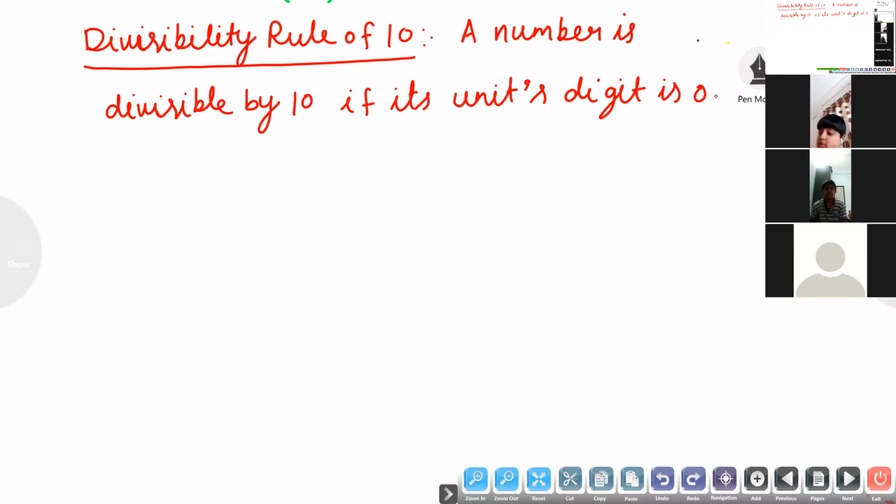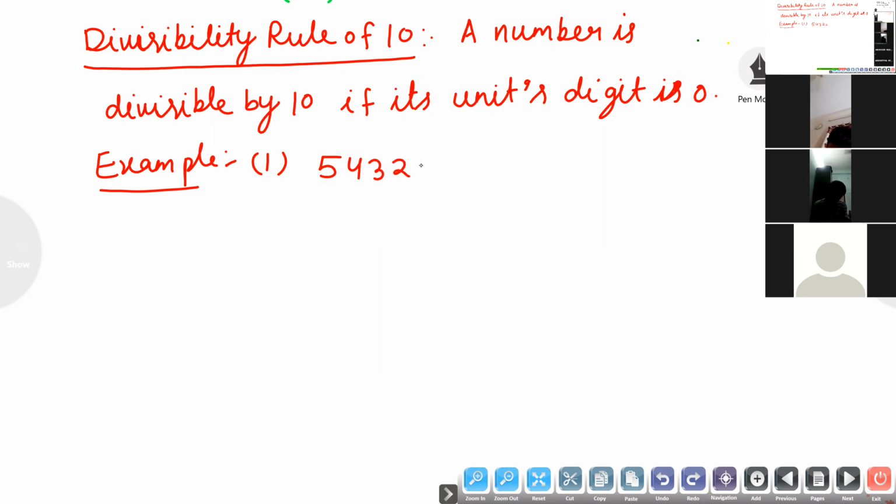Example, first example, 54320. 0 is present at unit place, divisible by 10, right? 345. 0 is not present at unit place, not divisible by 10.